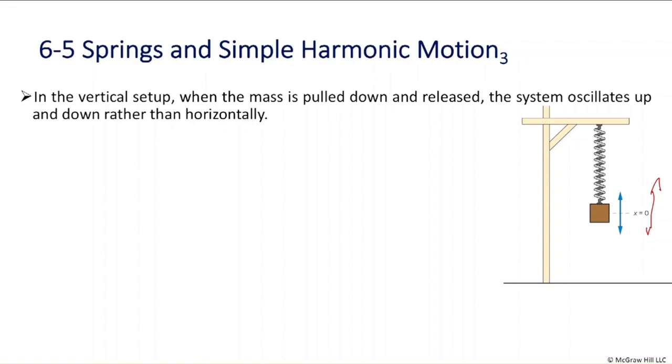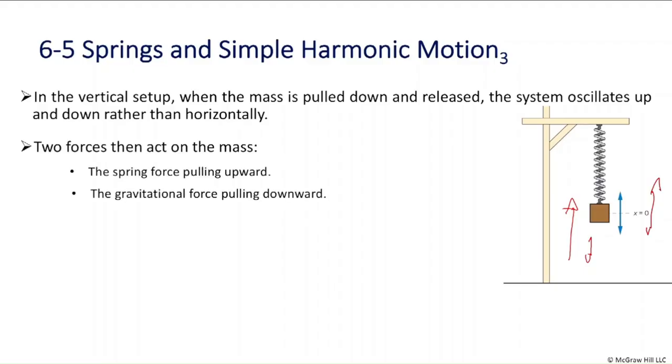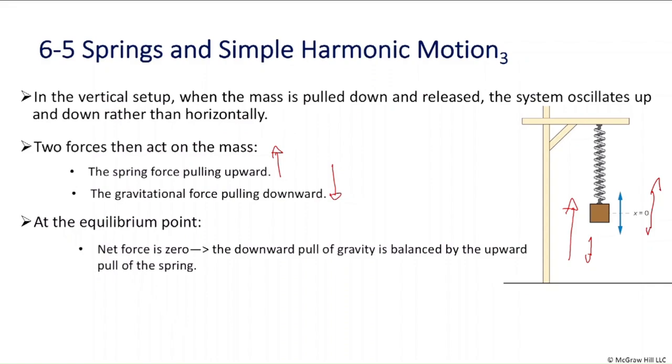So here's what happens. When the mass is pulled down and released, the spring pulls it back upward. So there are two forces that act on the mass: the spring force pulling upward and the gravitational force pulling downward. And at the equilibrium position, the net force must be 0, so the spring force should be equal to the gravitational force at this point.